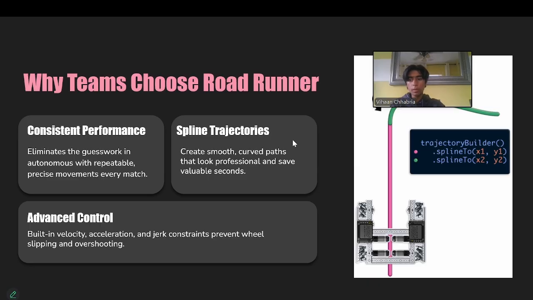Using advanced control, we also have built-in velocity, acceleration, and jerk constraints to prevent the wheels from slipping and overshooting. That's really important because it allows us to be accurate in our autonomouses.